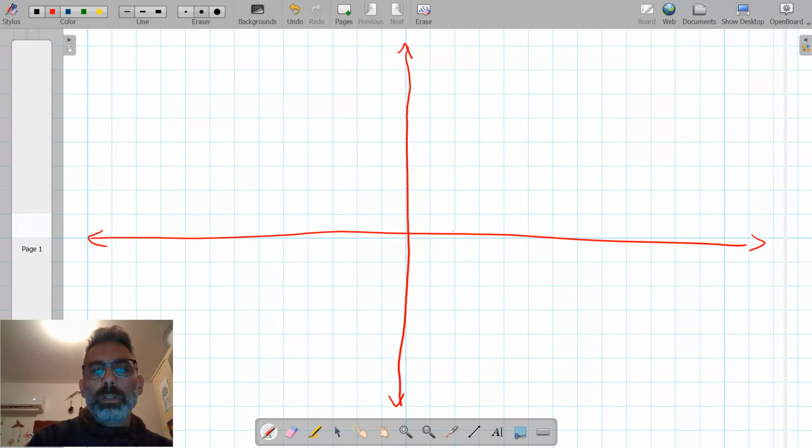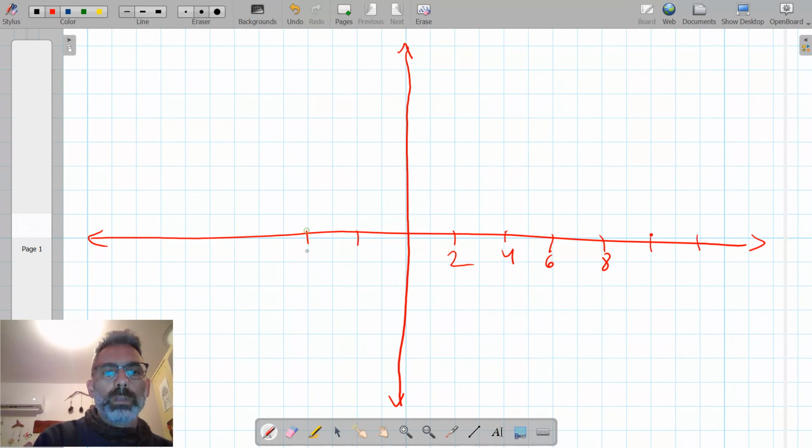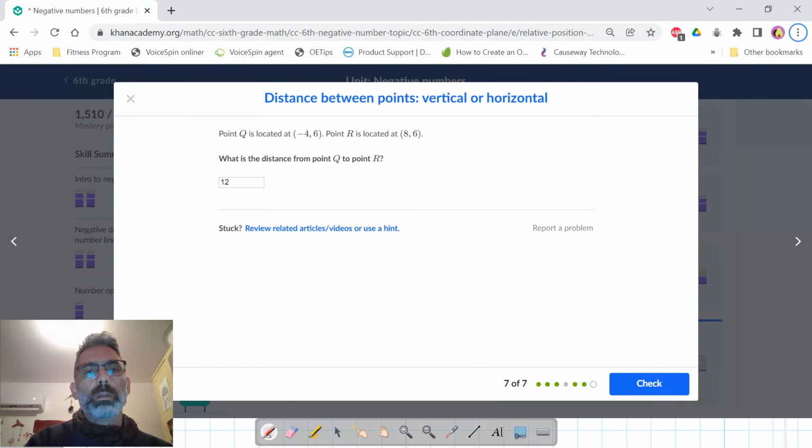Okay, let's say each hash mark is representing 2 units. So this is 2, 4, 6, 8, -2, -4, -6, -8.